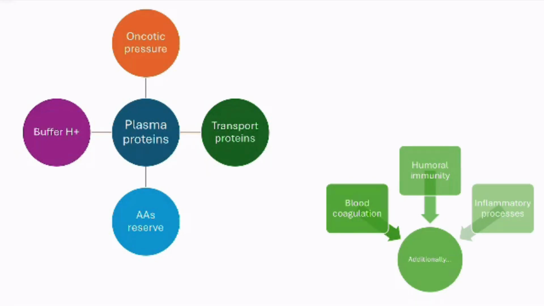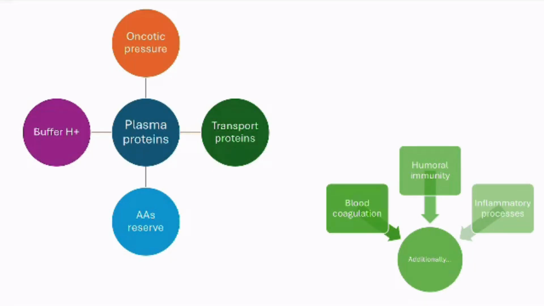You also have a reserve in the form of amino acids if the cell needs it, and they can also bind H plus ions, which plays a role in pH balance. Additionally, there are some specific functions too, and I will tell you with examples.